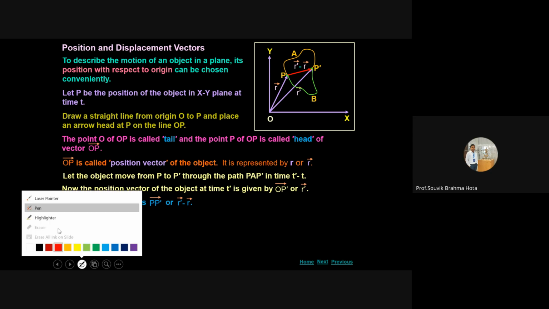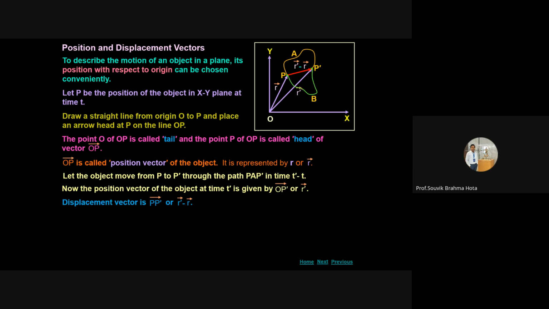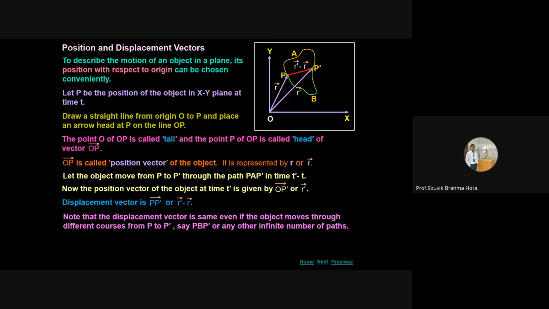Now you can see here another path from P to P dash, the B path, the green color path.